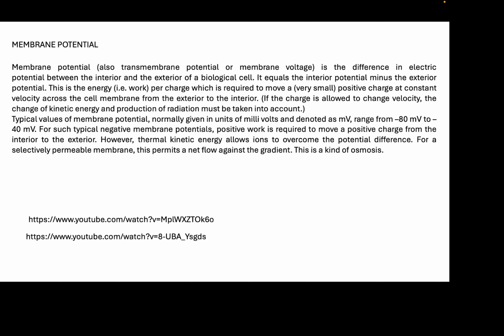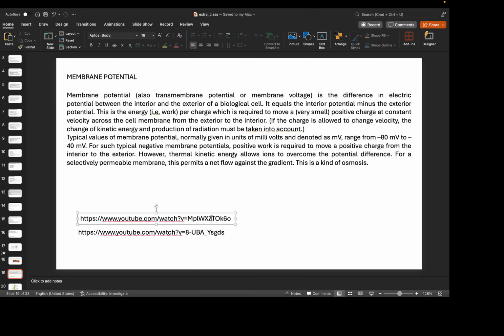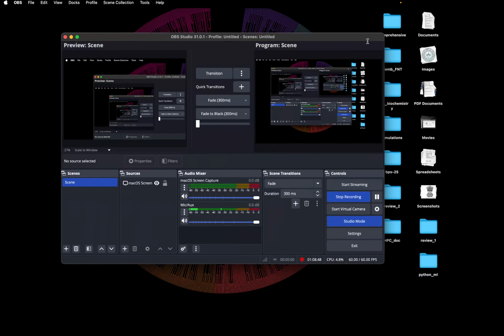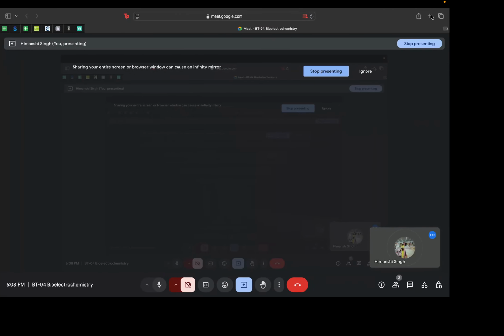For such typical negative membrane potential, positive work is required to move a positive charge from the interior to the exterior. However, thermal kinetic energy allows ions to overcome the potential difference. For a selectively permeable membrane, this permits a net flow against the gradient. This is like osmosis. So we'll see what we are talking about with respect to the membrane potential.